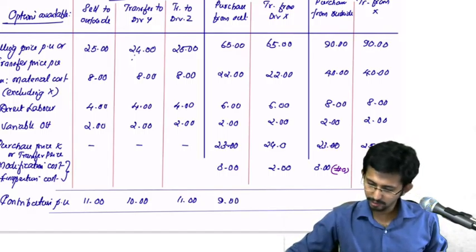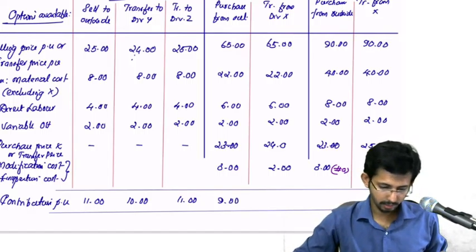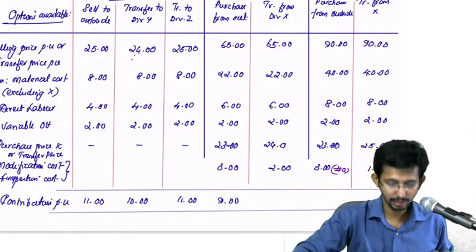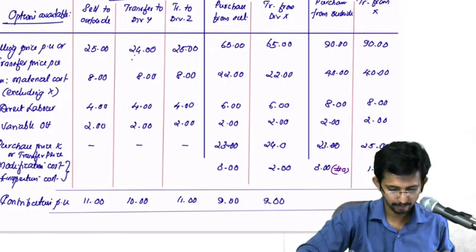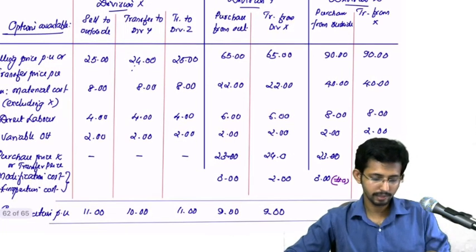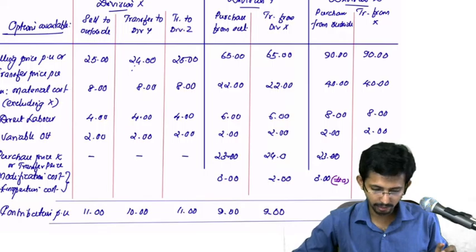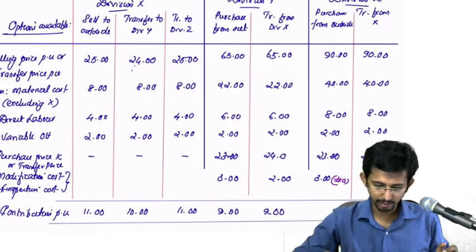And here it will be 65 minus 22 minus 6 minus 2 minus 24 minus 2. Here also it will be 9. Okay, and in this case it is 90 minus 40 minus 8 minus 2 minus 23 minus 3.